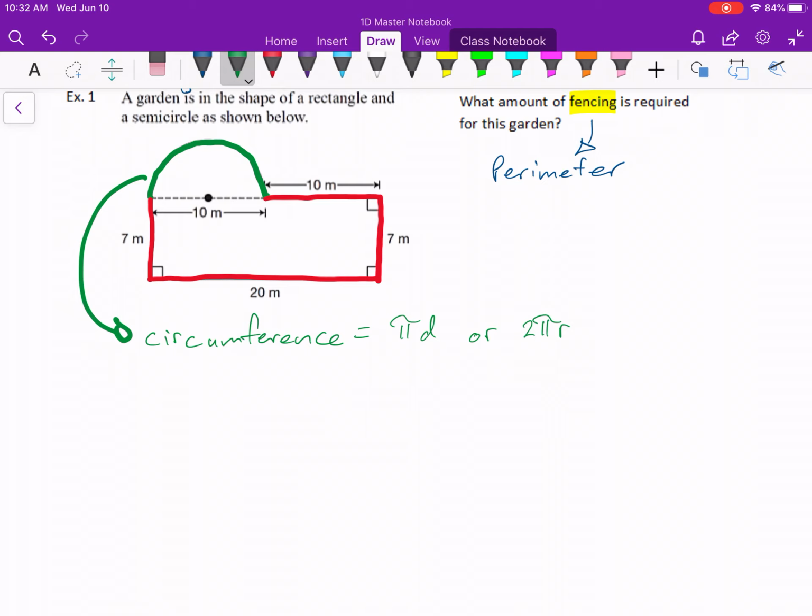We want half of that, so the perimeter for this part, I'm going to call this 1. So perimeter 1 is going to equal pi times what? What's the diameter? Well, remember, diameter is the length across the circle. So that's one of the reasons why we have this 10 meters here. We know that the diameter of the circle is 10 meters.